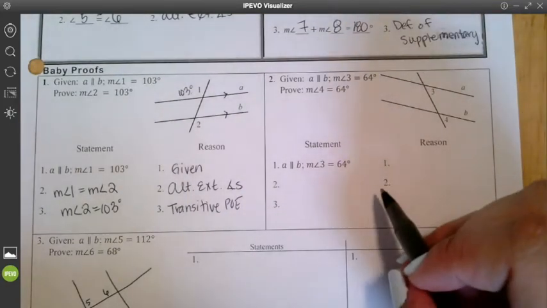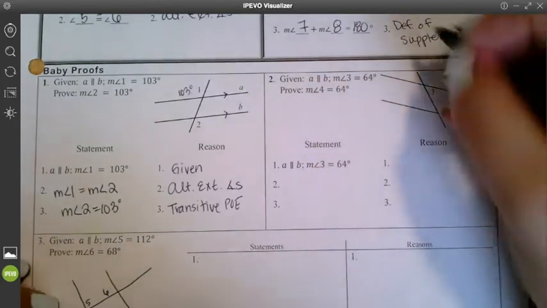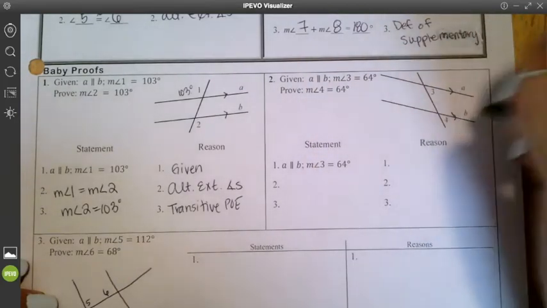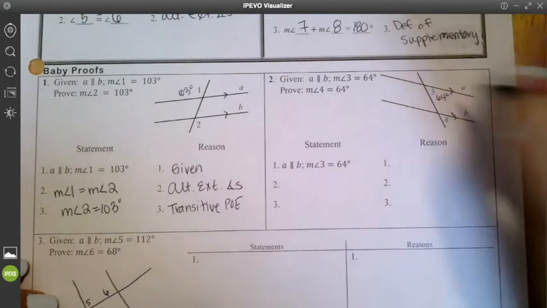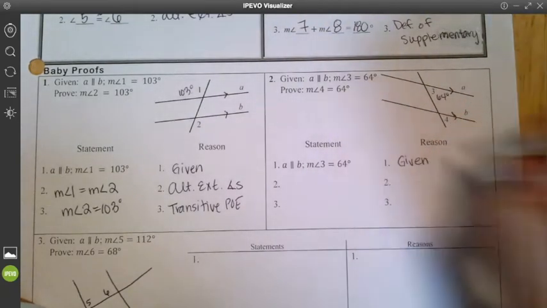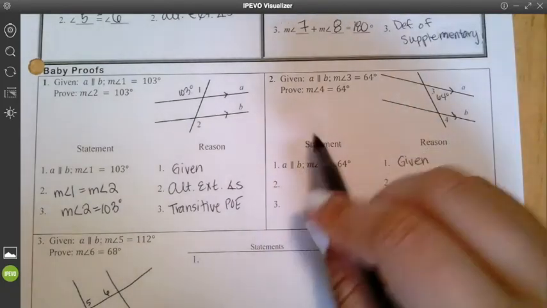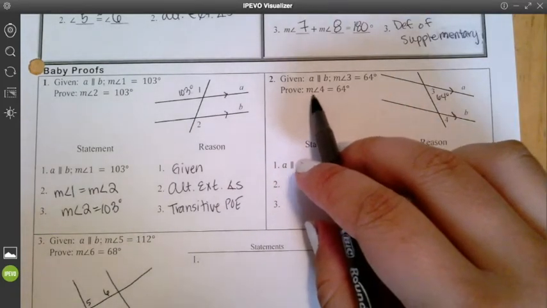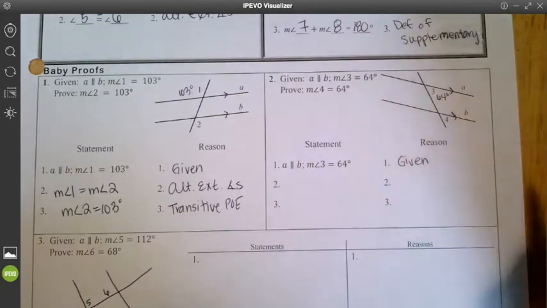In our second proof, we are given that A and B are parallel. The measure of angle 3 is 64 degrees. And then we start with that in our proof. That's our given. We want to prove the measure of angle 4 is 64 degrees as well. So we want to compare angles 3 and 4.